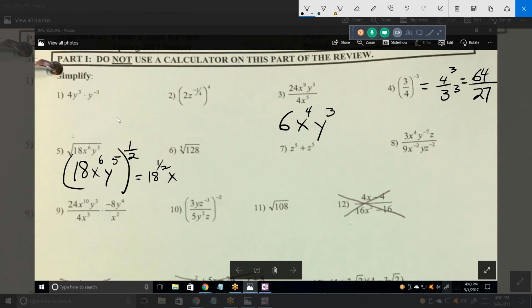Would it then just be x to the 3rd? Good. And what's the y term? Y to the... Sorry, it looked like a 4 on my paper.